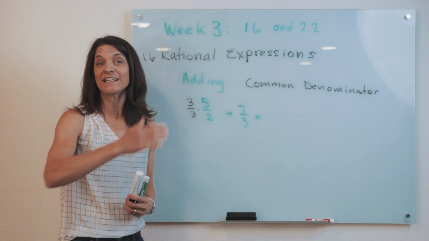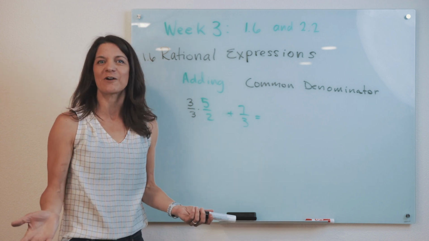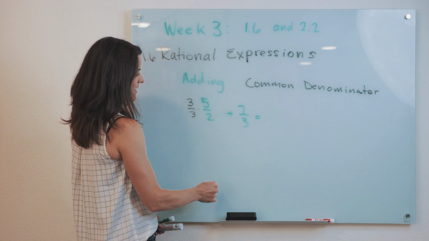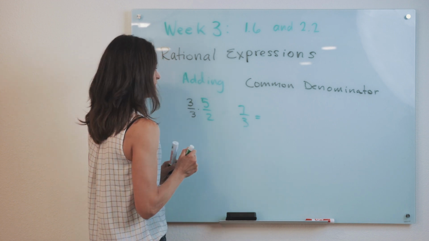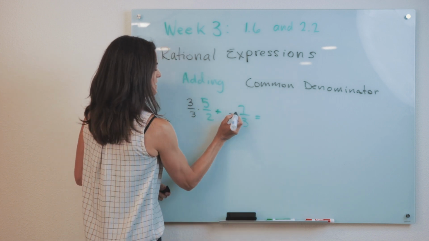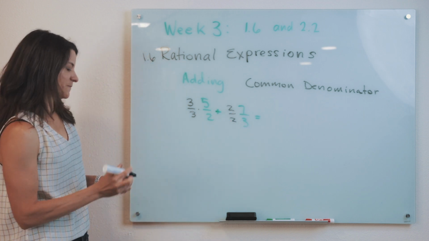Again, remember, any non-zero number over itself is just 1. We can multiply anything by 1 and it doesn't change. This one is going to need to have a factor of 2. So let's multiply this fraction in the numerator and denominator by 2.